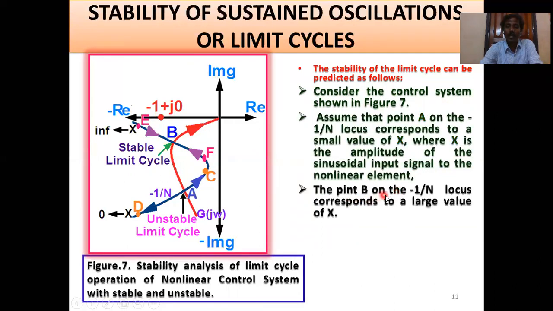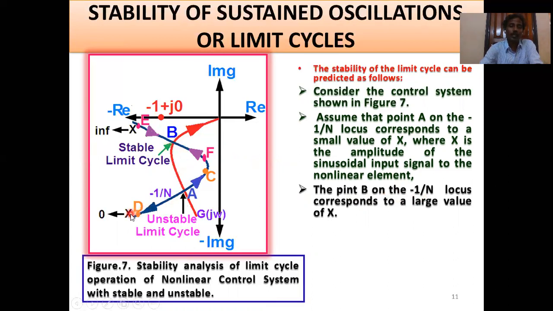Another point B on the minus 1 by N locus corresponds to a large value of X. That means at position A, the magnitude of X is small, and at position B, the magnitude of X is large.